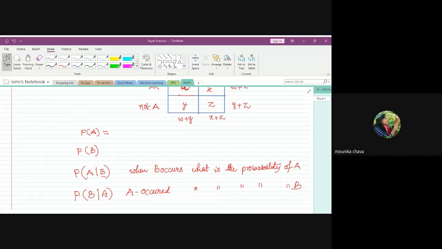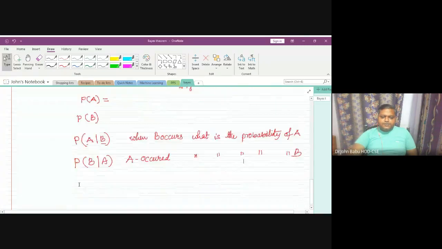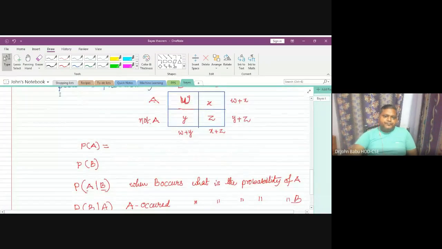W by W plus Y. What is the total number of variables? Probability of A. What are the values of A and B? What is the total?